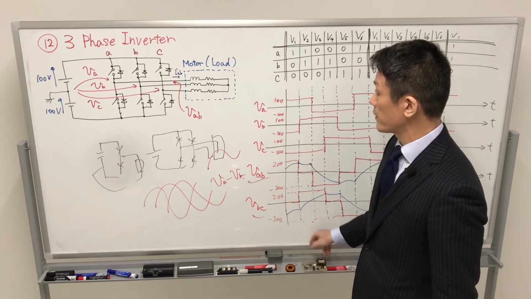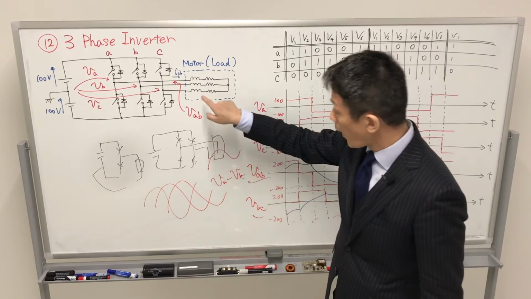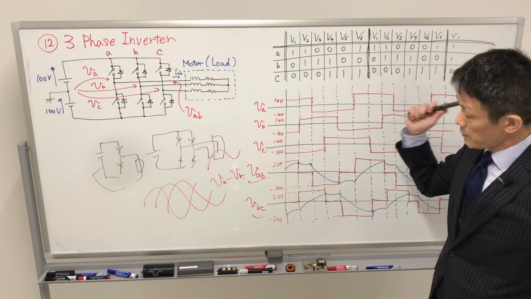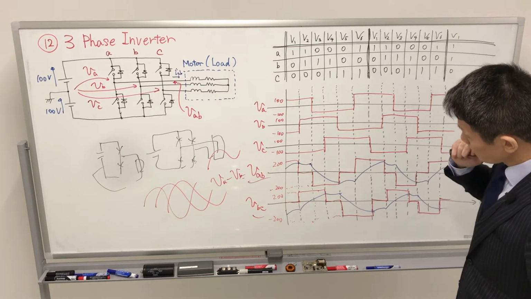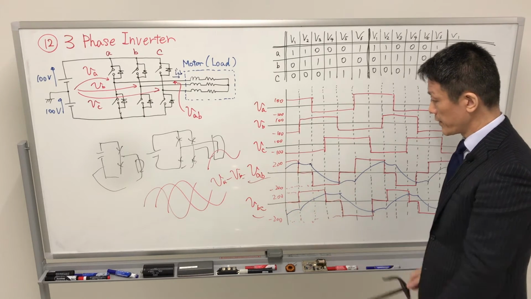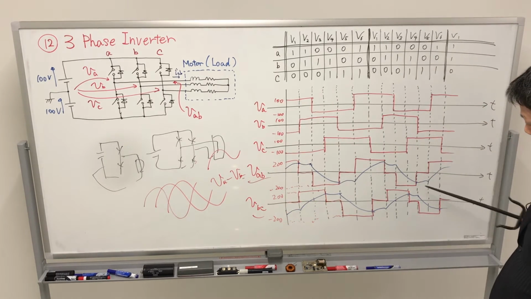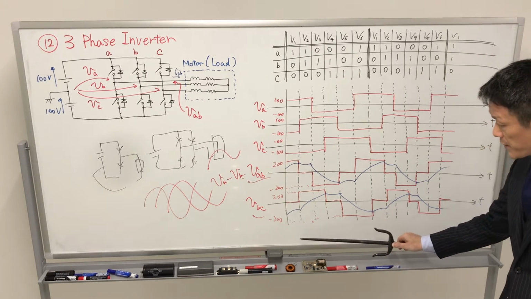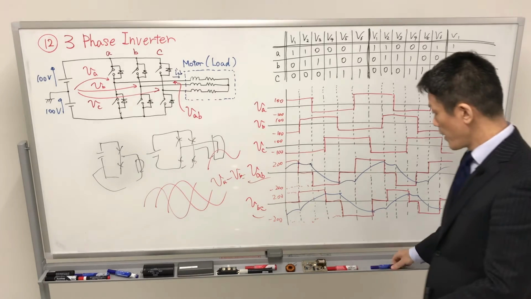So that means the resistance and the windings, and this means the motor. In the motor, we can obtain the three phase, of course including VCA.